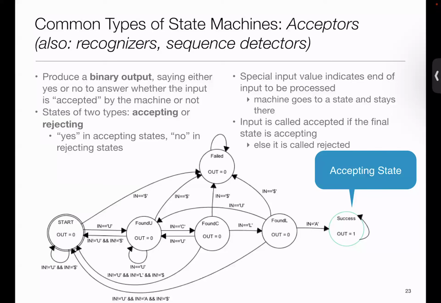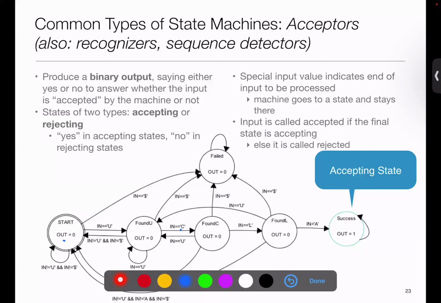Its default path is start to UCLA, so it moves if n is equal to u, and then n equals c. Anytime it fails, it goes back. So it's saying if n is not u, and it's not $, which in this case is the end of the string, and we have not reached the end of the string, then go back to the start.